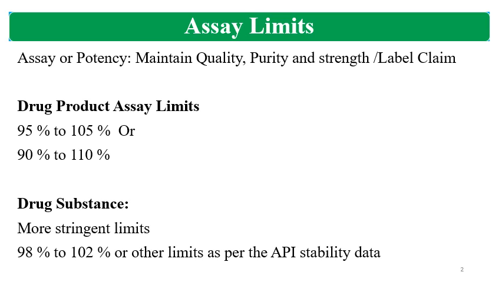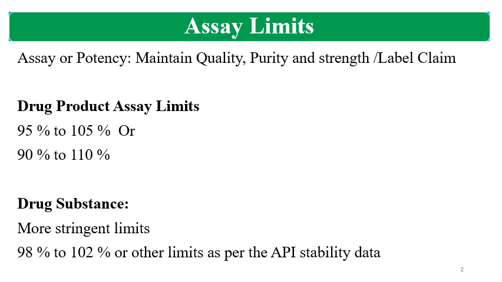Generally, the drug product assay limits are 95% to 105% of the label claim or 90 to 110% of the label claim. Whenever you consider the drug product for European region, the assay limits are 95% to 105% as a general guideline, and generally for US it is 90 to 110%.